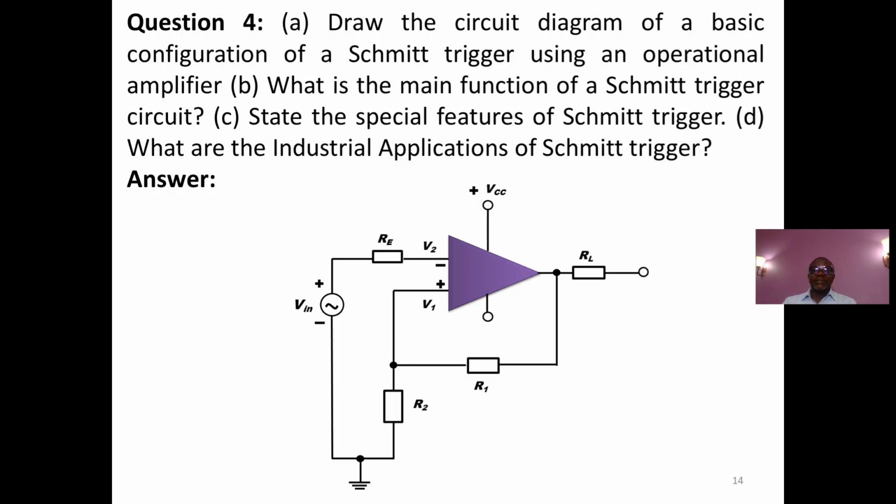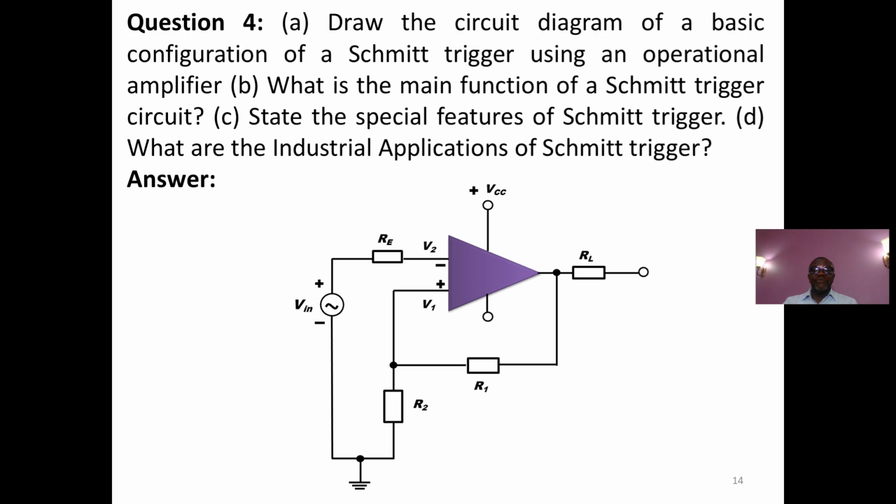Now it has an operational amplifier, the inverting input, which is V2 here, is connected, or the V-in is connected to the inverting input through a resistor RE, and the output is fed back through a voltage divider network consisting of R1 and R2 back to the non-inverting input, which is the plus sign, which we call V1.